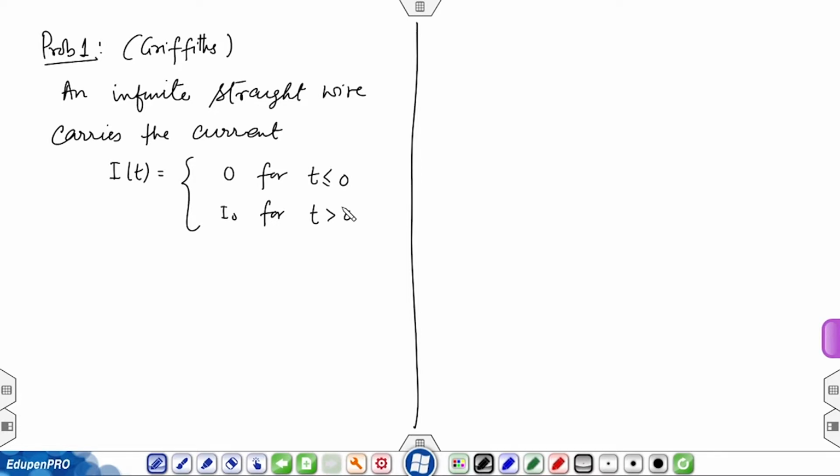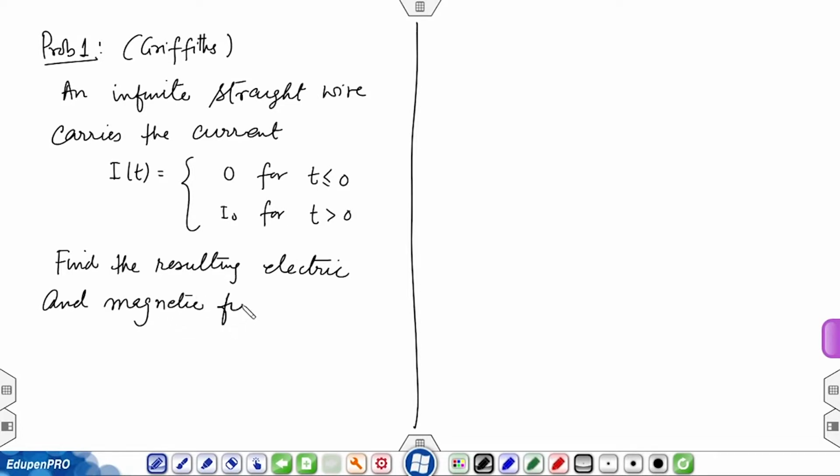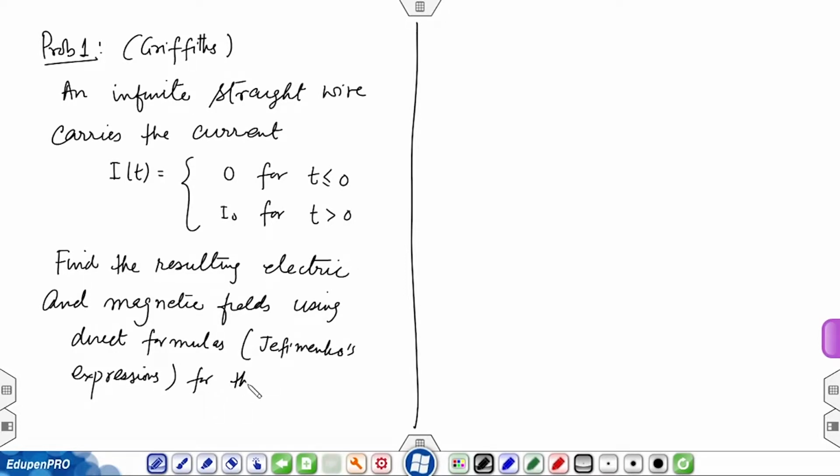I am changing this problem slightly and say that find the resulting electric and magnetic fields using direct formulas, which I call Jefimenko's expressions for these.